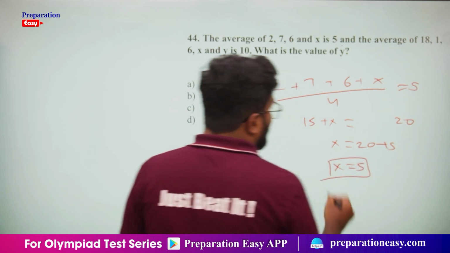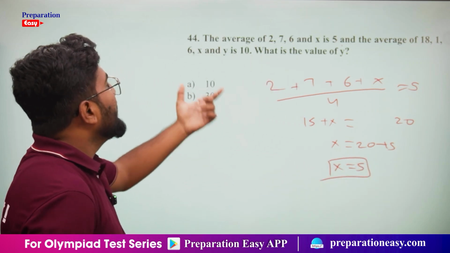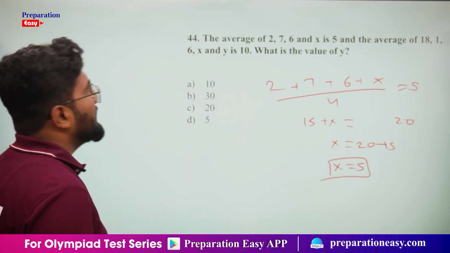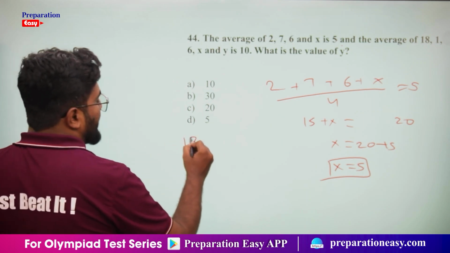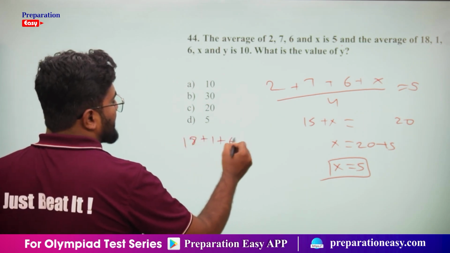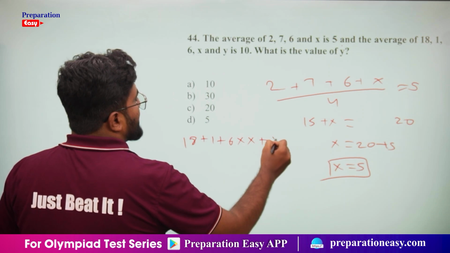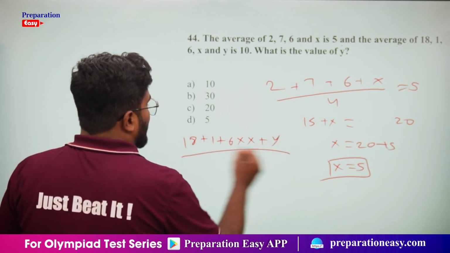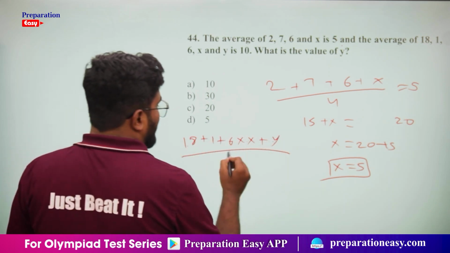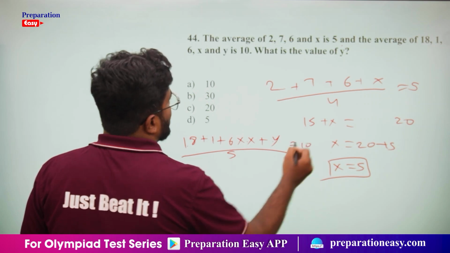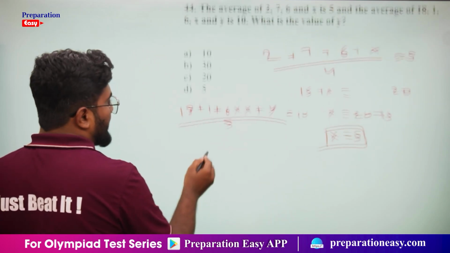Okay, we got the value of x. Then we have to find the value of y. So 18 plus 1 plus 6 plus x plus y divided by 1, 2, 3, 4, 5 equals 10.